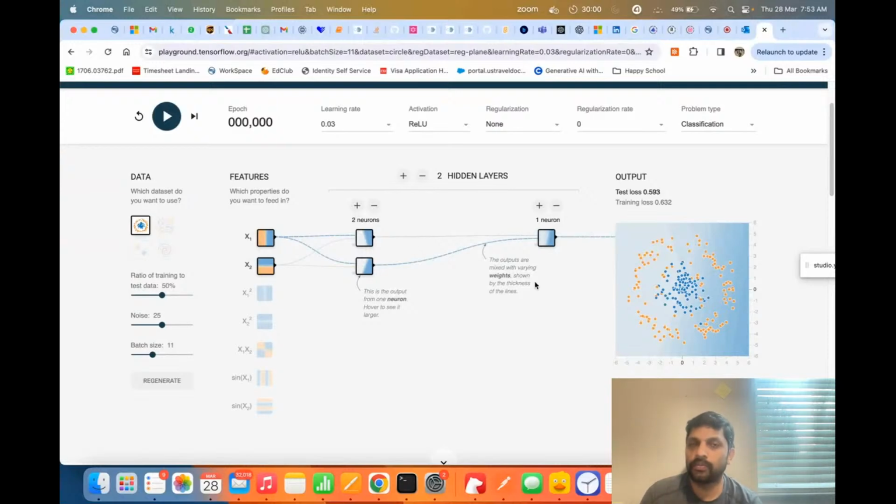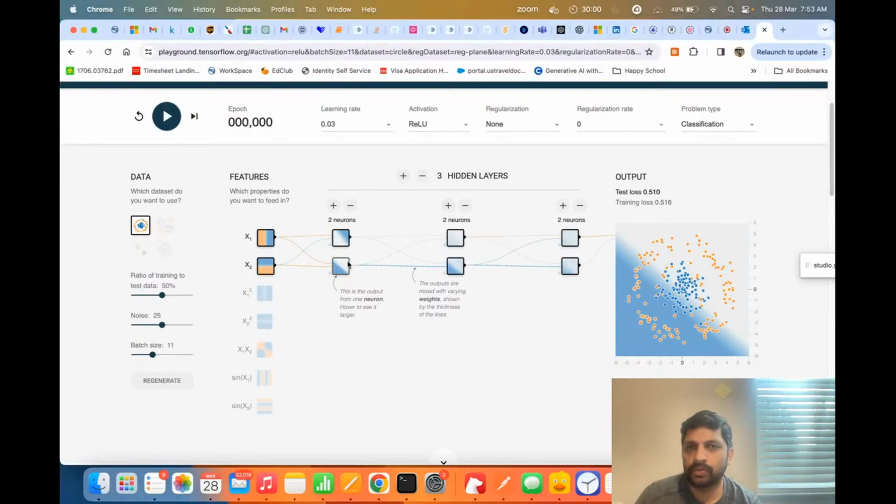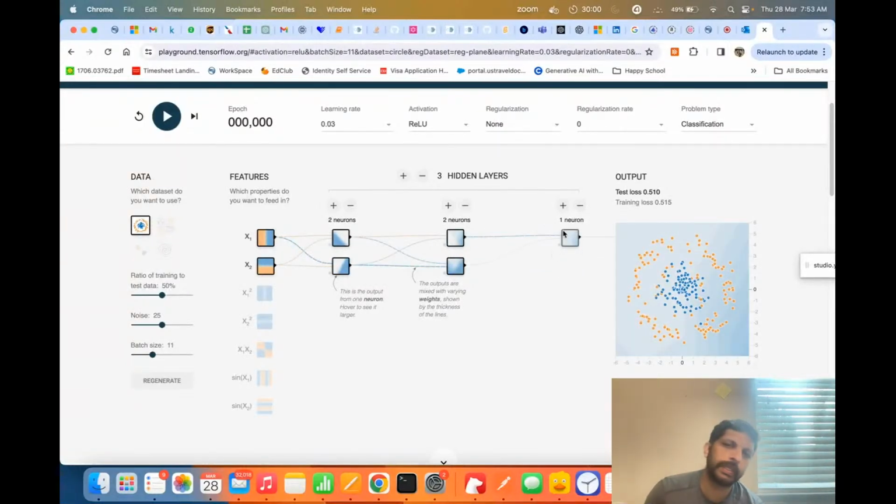Let's say you add one more layer like this and bring one output. Now, what happens? A1, A2 are kept both here.